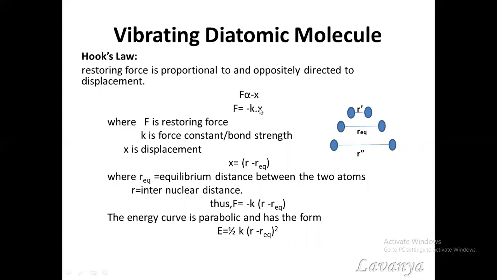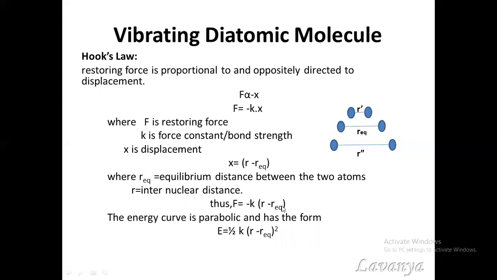The displacement means the difference between the new distance and the Req. For our convenience, we consider the stretching, where x is equal to R minus Req, where Req is the equilibrium distance and R is the new internuclear distance. Thus the restoring force F can be represented as minus k into R minus Req.